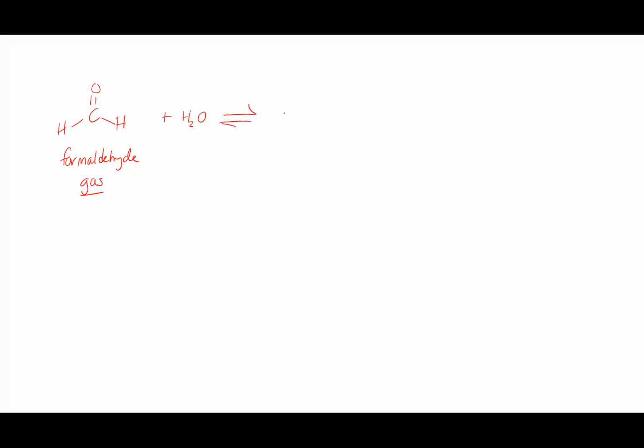If you react it with water, you make a hydrate called formalin. Formaldehyde's so unstable it doesn't need an acid catalyst. So if you bubble it in water, you're going to make formalin.